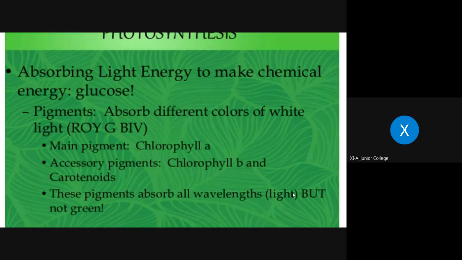Okay, then there are basically two types of pigments, chlorophyll pigments. One is called the main important or reaction center, that is chlorophyll A, and the remaining, chlorophyll B and carotenoids, are considered to be accessory pigments. You know the meaning of main and accessory.